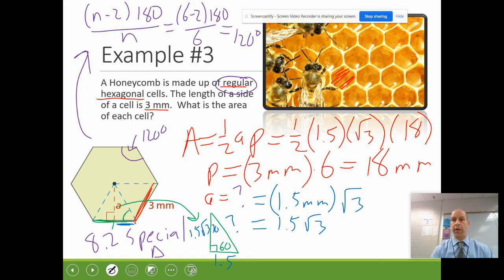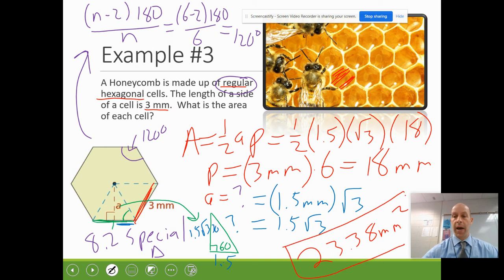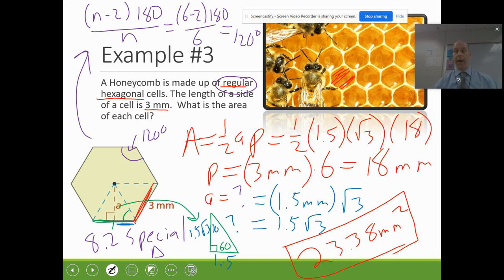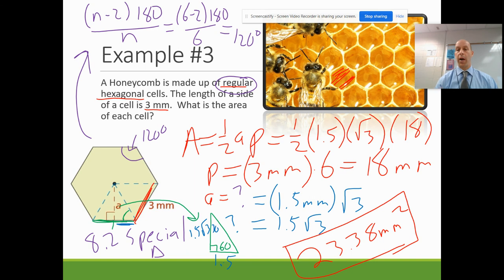So 0.5 times 1.5 times the square root of 3 times 18. And you will get a final answer here of, I'm going to write it down at the bottom, 23.38, and this would be millimeters squared. That is the area of that hexagonal honeycomb cell, approximately 23.38.